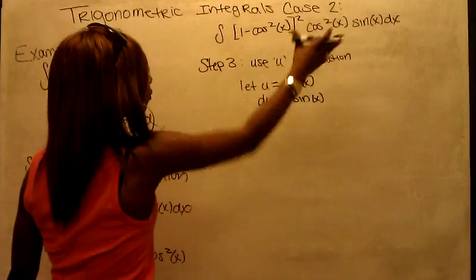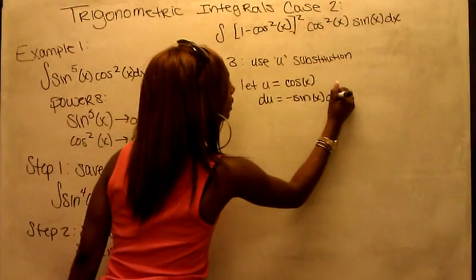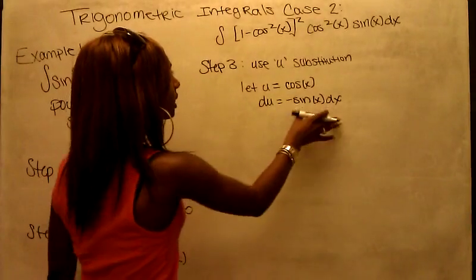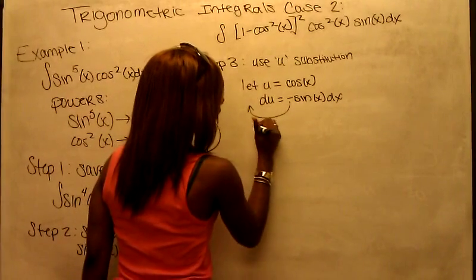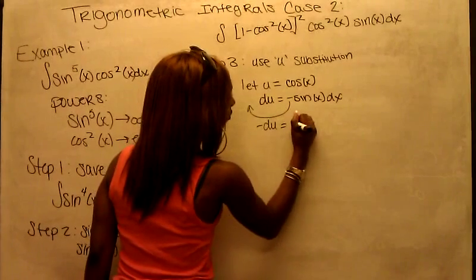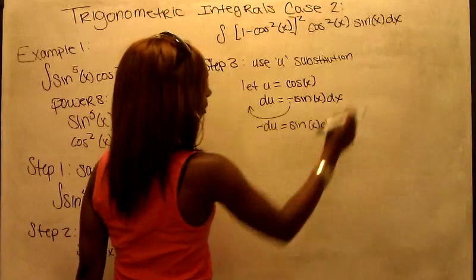Well, if we look at our integral, we don't have a negative sine of x dx, so we want to make this look like something up here. So we're going to move this negative sign over. We're going to have negative du is equal to sine of x dx, which we do have up here.